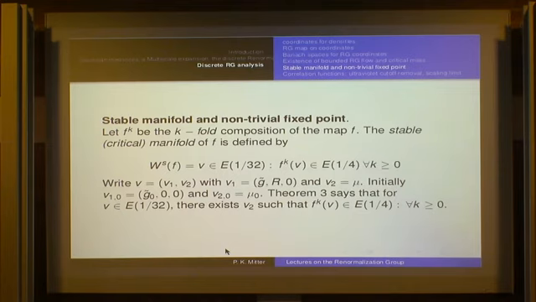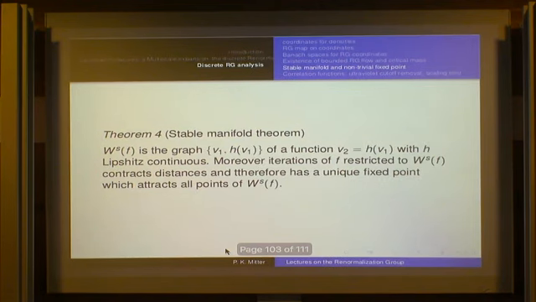Now there's this consideration of Schub, I'm not going to go into it, that Ws of F is a graph of a function. V2 is h of V1, with h Lipschitz. Moreover, iterations of F restricted to this Ws of F contract distances and therefore have a unique fixed point.